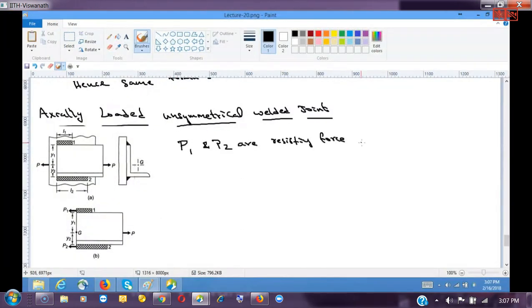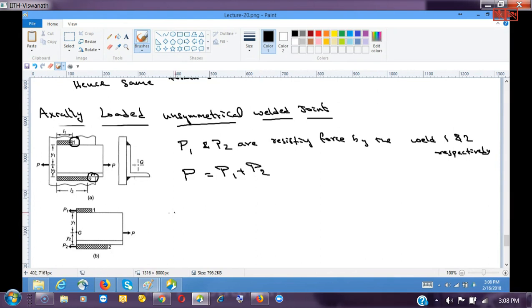By the weld 1 and 2 respectively. Which is 1? You have seen this is the 1 and this is the second part of it. So our total load P is resisted by P1 and P2. But what is P1 according to the equations we just solved? It doesn't matter, in this case it's a parallel weld.